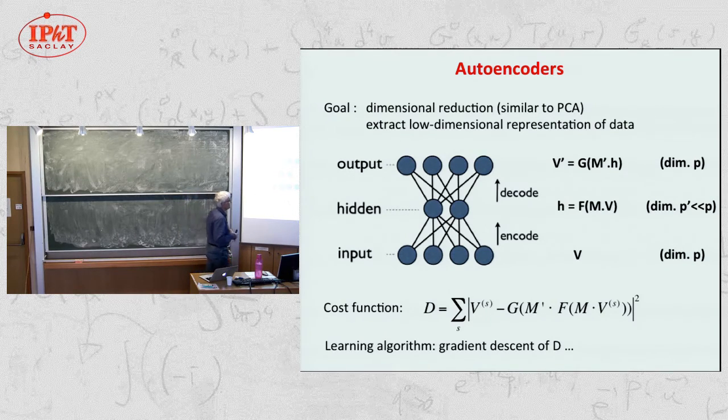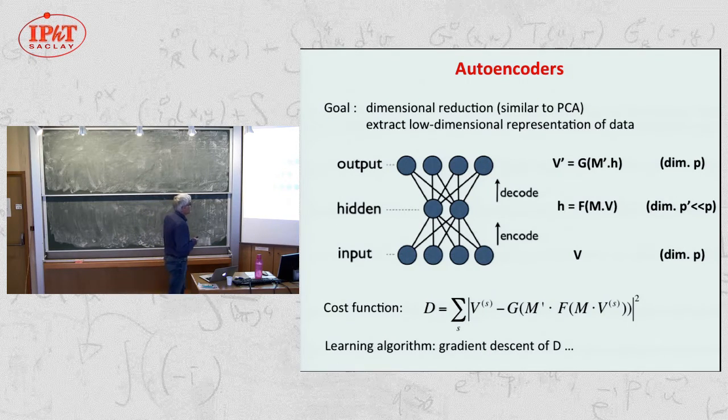Essentially, the different weights here, that is the connections between the layers, n and m prime, should be learned by minimizing some kind of loss function. And the cost here is the difference between the input and the reconstructed inputs, that is, what is on the output layer. Okay, so that's something we discussed last week.